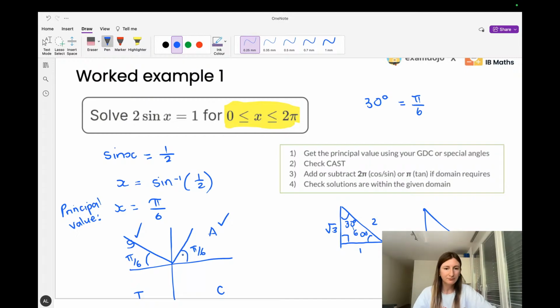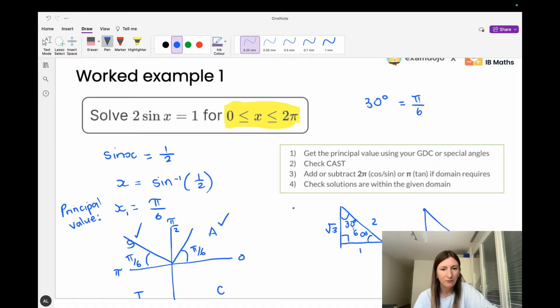For this one, we have that one already. That's our first solution, that's our x1. Now for this one, we need to find where this has gone. So this is pi over here, 0, pi over 2 up here. So to find out this part over here, we're going to go from here and do pi minus this to figure out what that angle is.